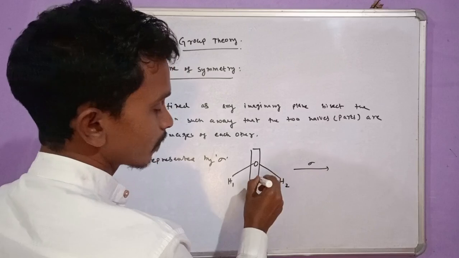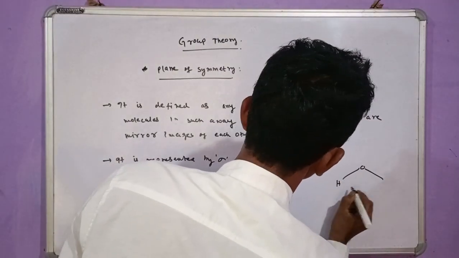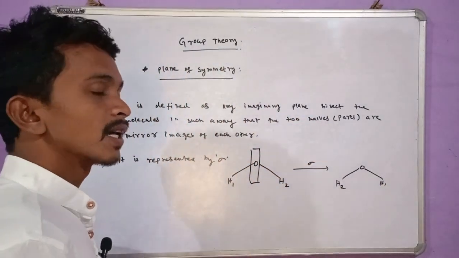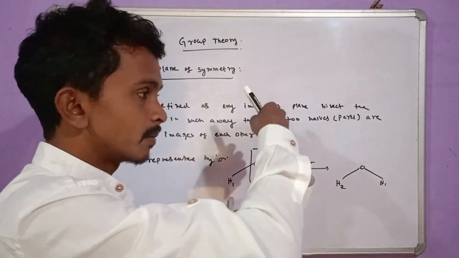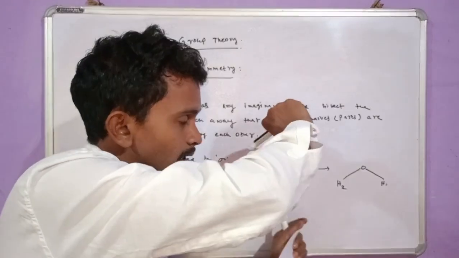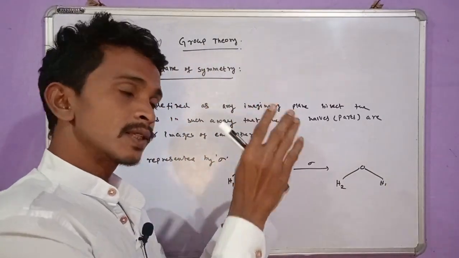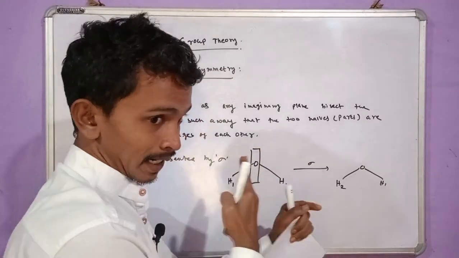If I pass any plane, then these will be mirror images of each other, so here will be H2 and here will be H1. Similarly, like we discussed for the axis of symmetry, if I pass an imaginary axis and rotate, this and this exchange. Now in this plane of symmetry, what will they do?